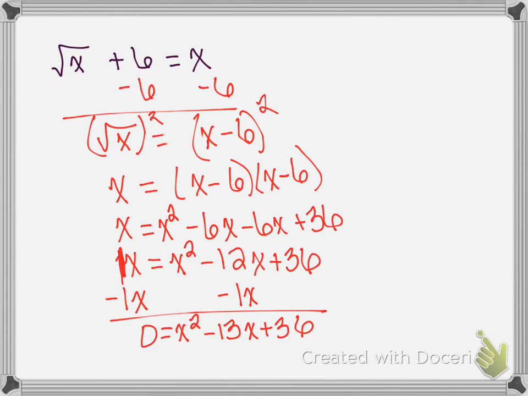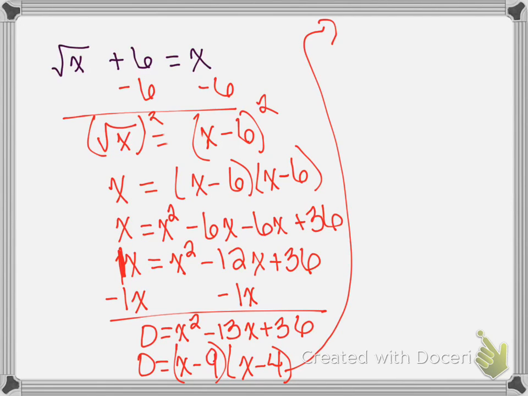My product is positive 36. My sum is negative 13. My numbers are x minus 9 and x minus 4. So I have x minus 9 equals 0, x minus 4 equals 0.